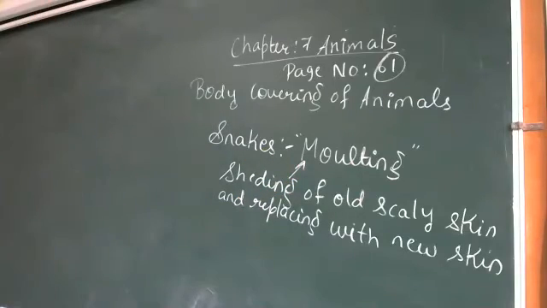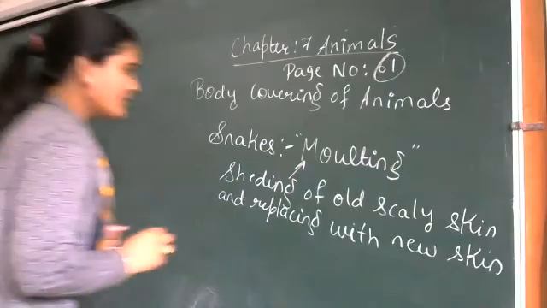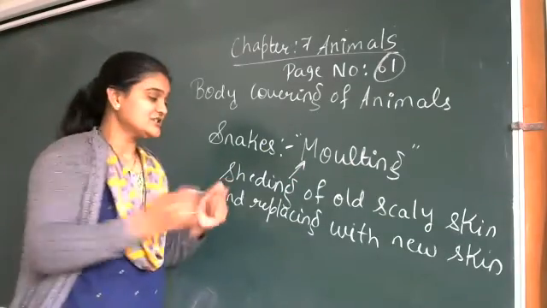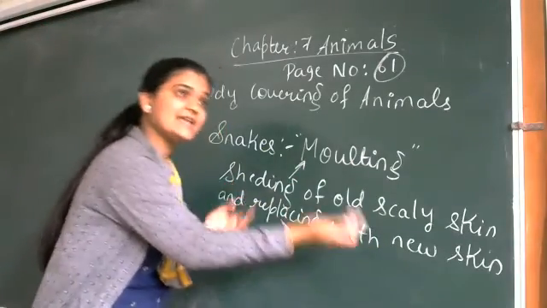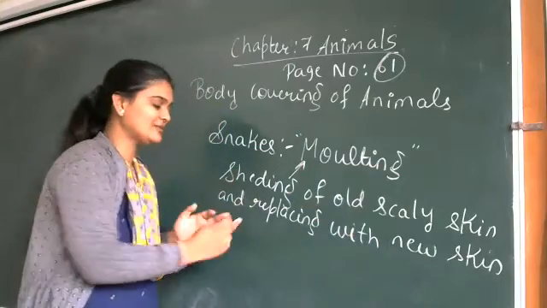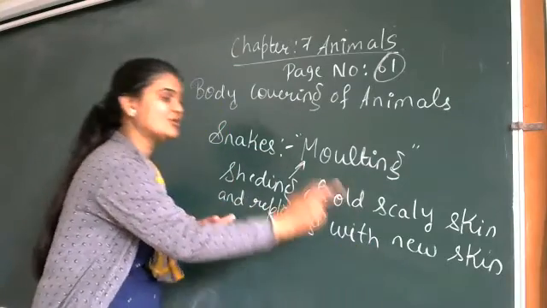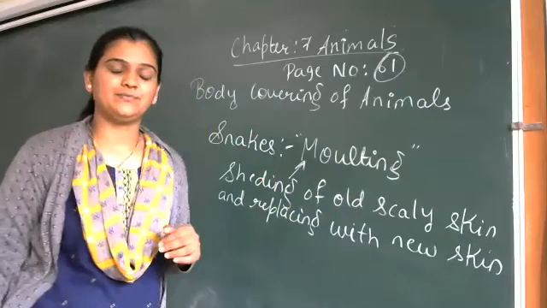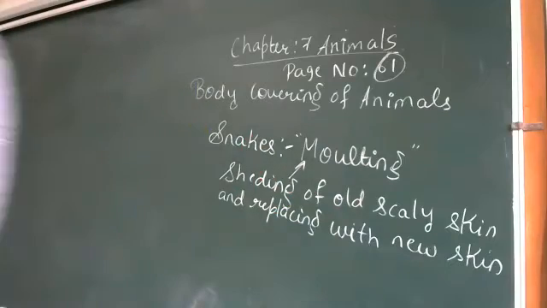Please understand, children, snakes have the unique ability of shedding off the old skin and replacing it with new skin, which is known as molting. Is it clear? Yes, ma'am.